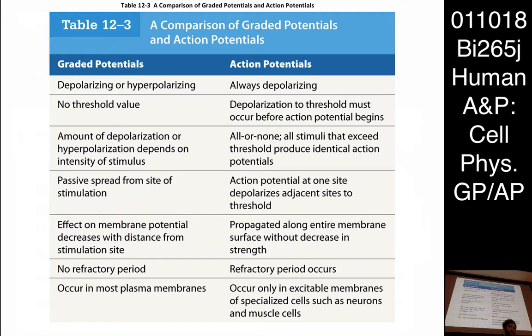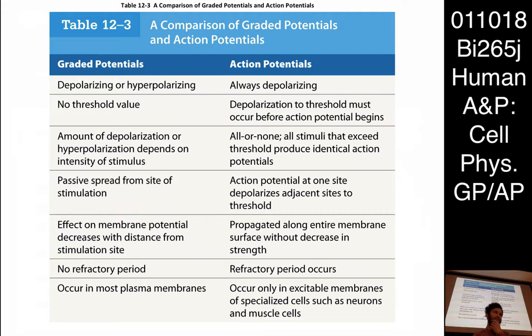It can either be something that opens a potassium channel and is hyperpolarizing, or something that opens a sodium channel and is depolarizing. There is no threshold, right? They're typically chemically or maybe mechanically gated. You just open some up, you cause a local current, and it dissipates with distance from the stimulus.